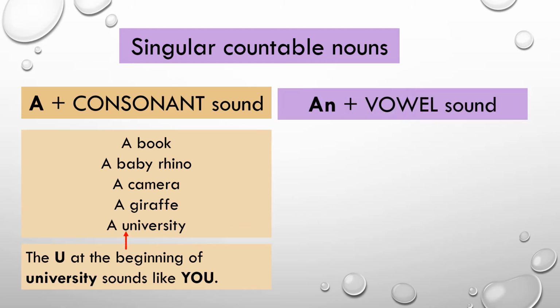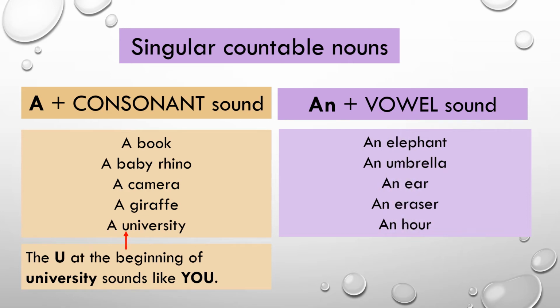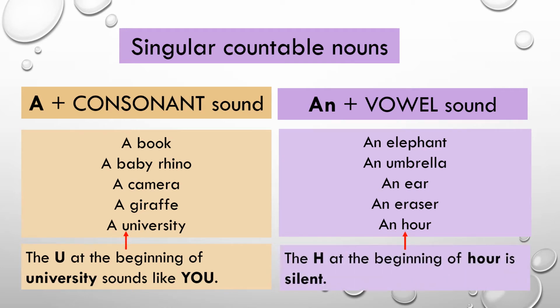An is used when the next word starts with a vowel sound. An digunakan apabila perkataan seterusnya bermula dengan bunyi vowel. An elephant, an umbrella, an ear, an eraser, an hour. The H at the beginning of hour is silent, so it sounds like it starts with a vowel.